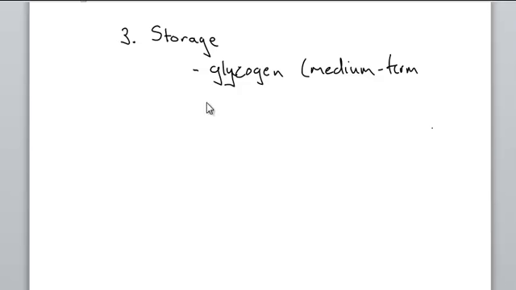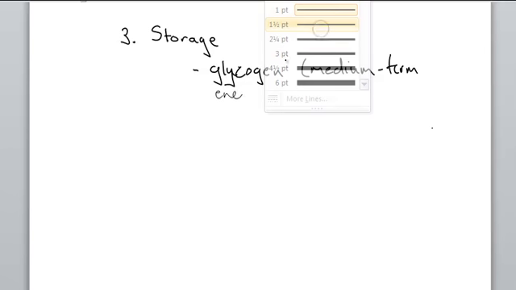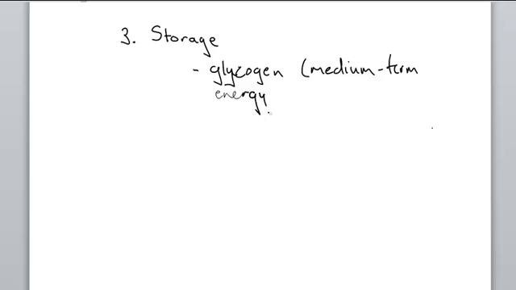So glycogen is your medium-term energy store. It also stores a lot of substances necessary for healthy red blood cells.